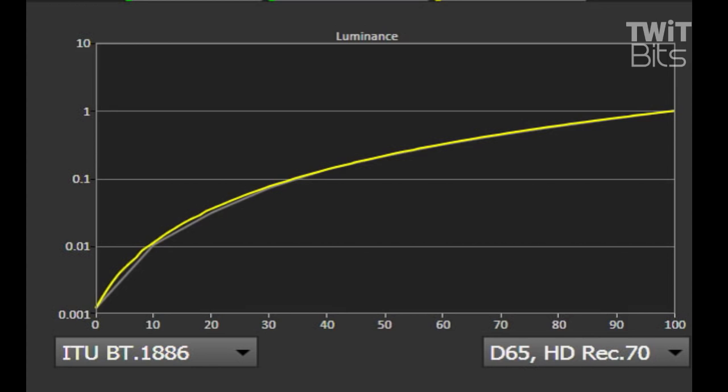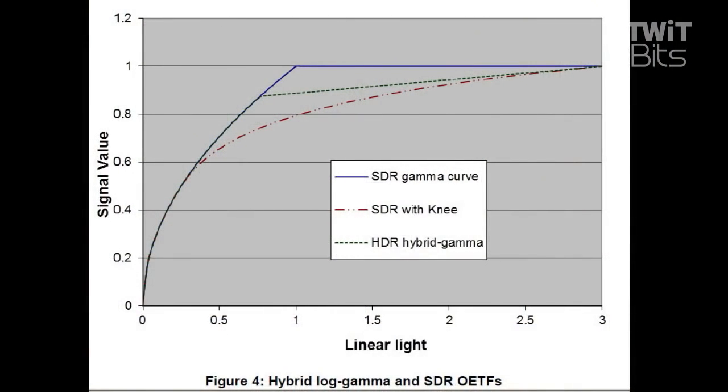So if you're using PQ, if you're using that particular curve... Yes, because that's what is being used for high dynamic range. For the most part, yeah. I think exclusively, I guess. There is one other curve. There is the hybrid log gamma curve that is being proposed by the BBC and NHK, and it's a hybrid between the gamma curve and the PQ curve, but it also has those upper limits in it.